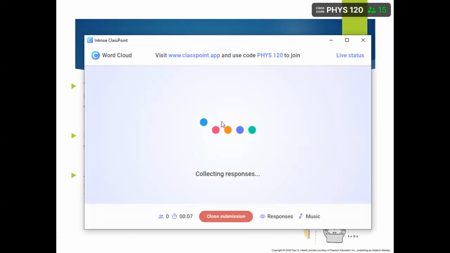So what is the free fall motion? And does free fall motion have acceleration? If it does have acceleration, you don't need to know about the magnitude, okay? And what is its direction?